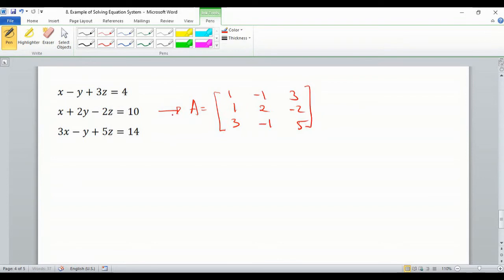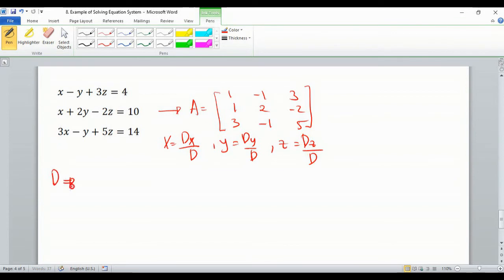Remember, because they have three variables, you find x equals dx over d, and then y equals dy over d, and the last is z equals dz over d. So from here, you need to find the determinant first.